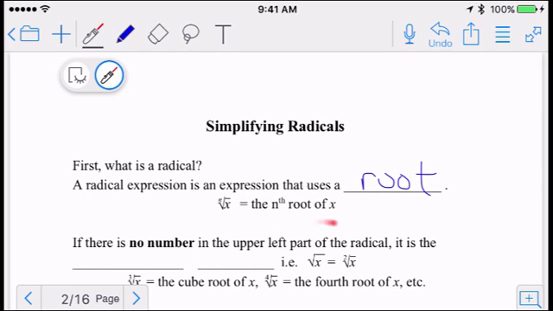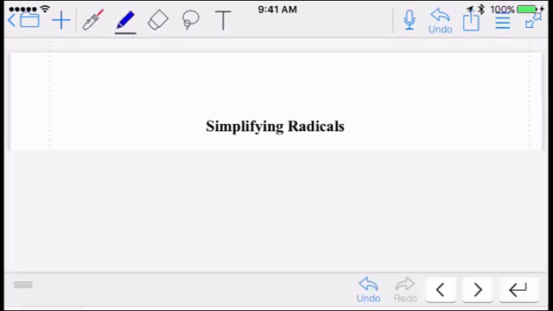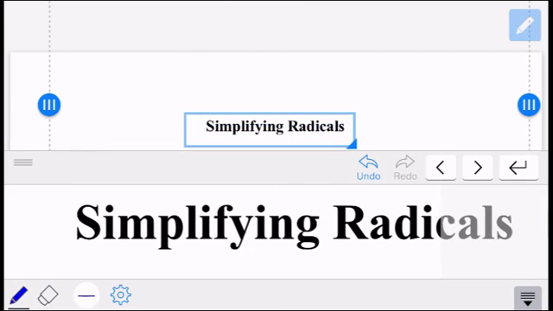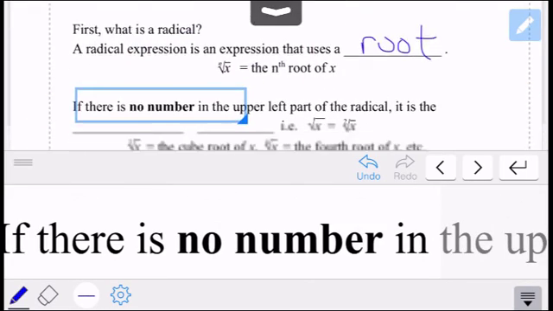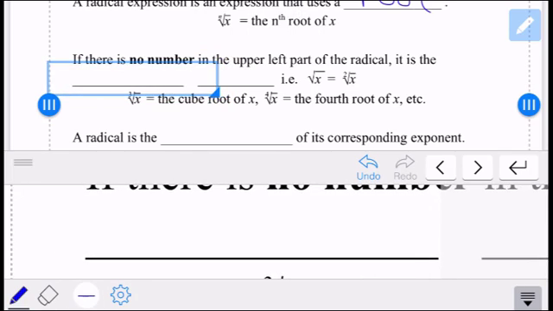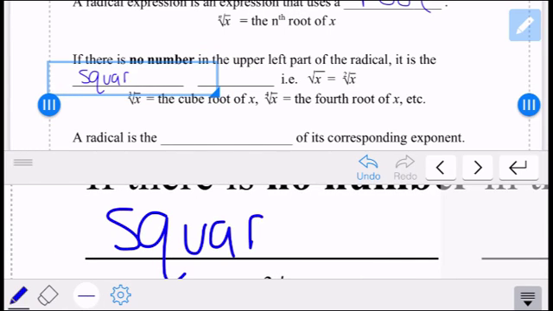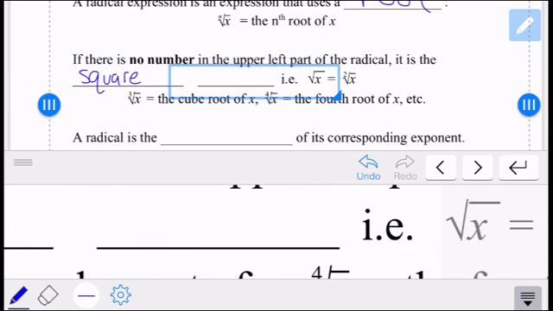If there is no number in the upper left part of that radical symbol, it is going to be the square root. So it's automatically the square root if you don't see any number, which most of you are used to by now. But there are other roots.